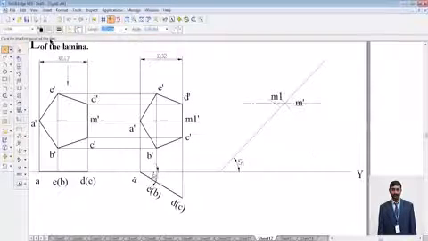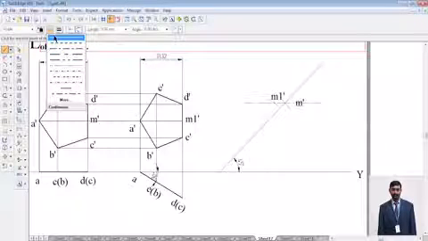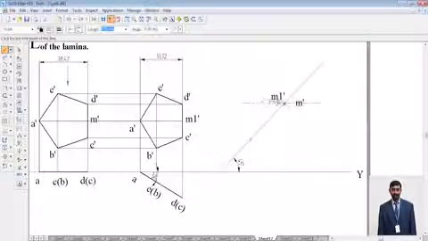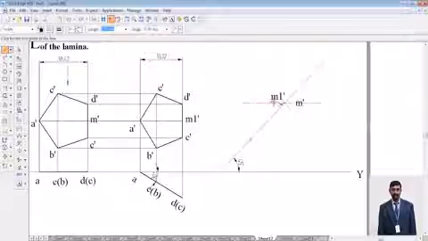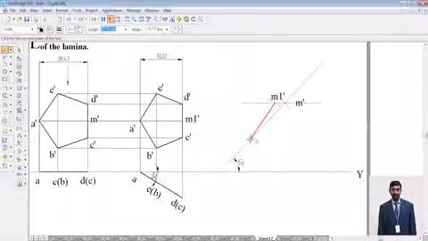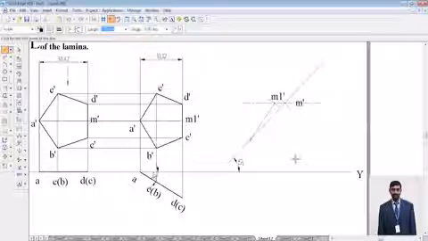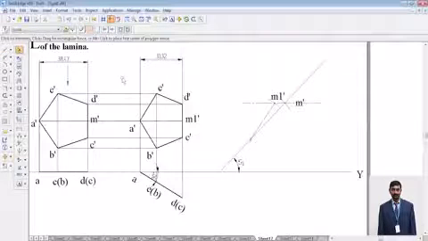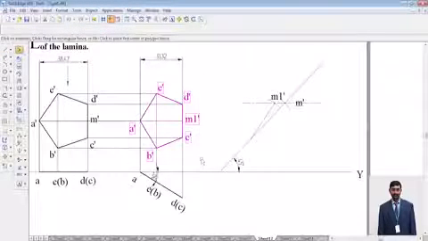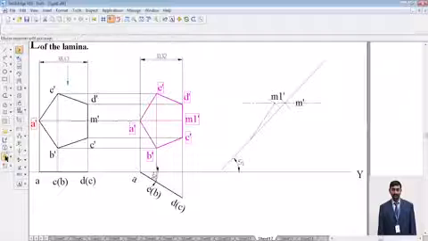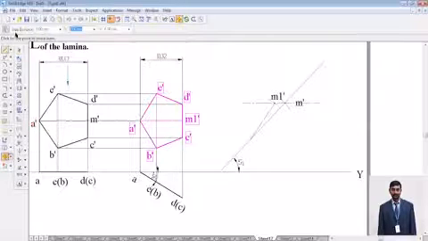So next I'm going to draw a line from the intersection point of F dash and the locus line to this center point. So on this line, I have to place A dash and M1 dash. So now I'm going to select the second position front view, using move command, enable copy.